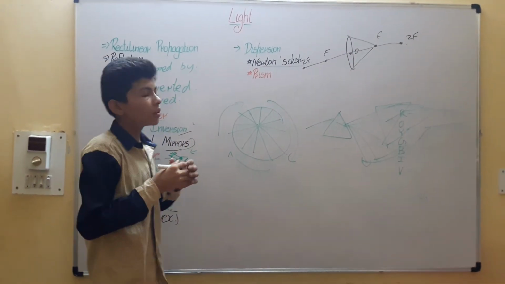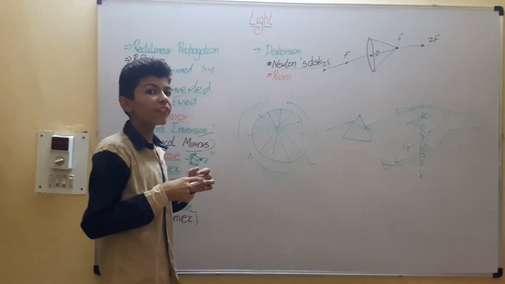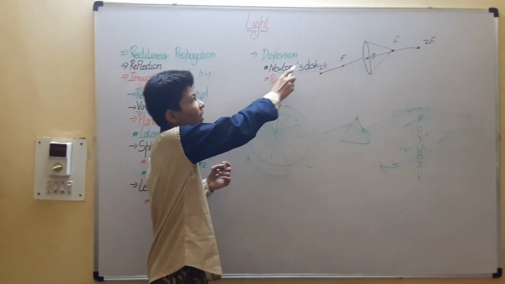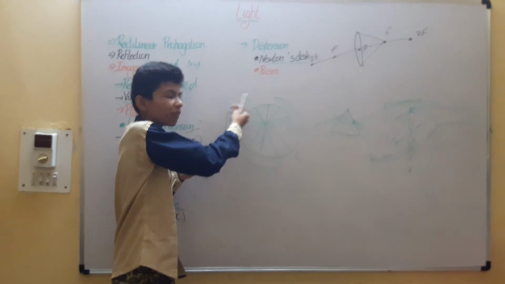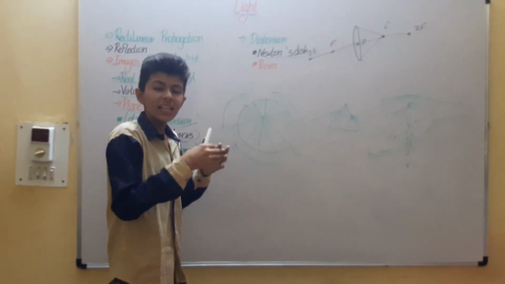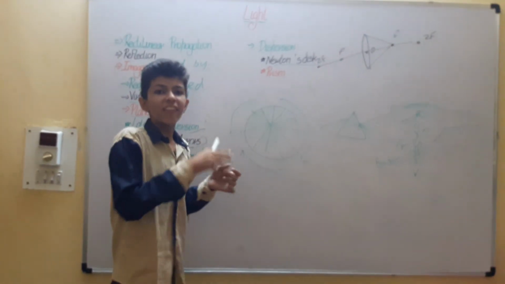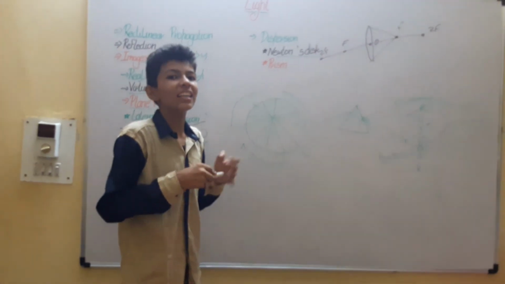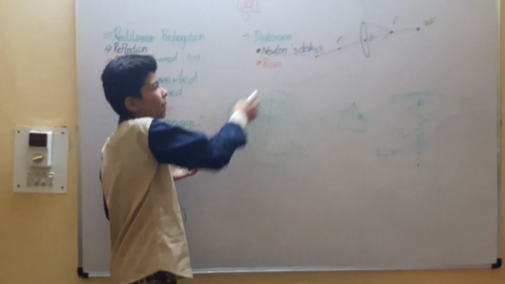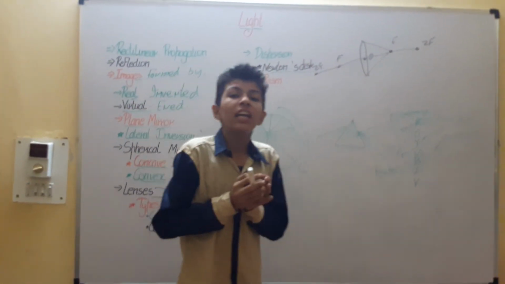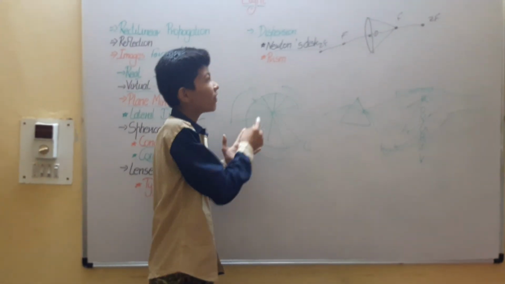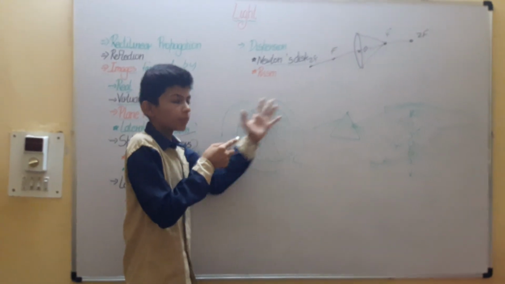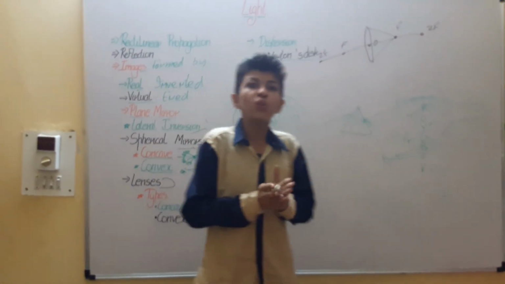Then we learned about Newton's disc, which means that if a disc is covered with different colors and spun, it seems to be white light, and a prism splits the white light into seven different colors and different colors into a single light.